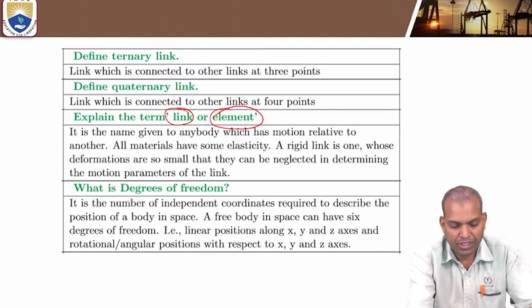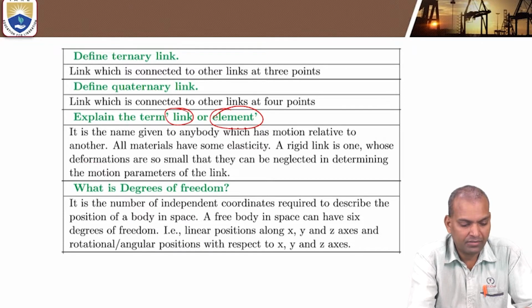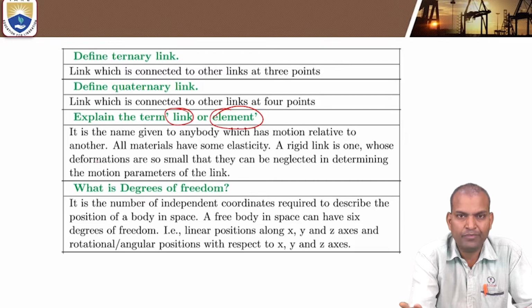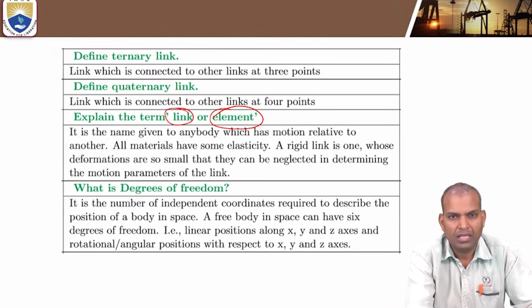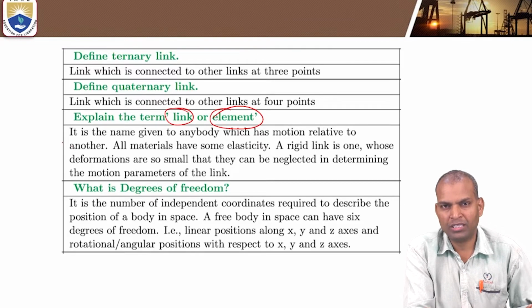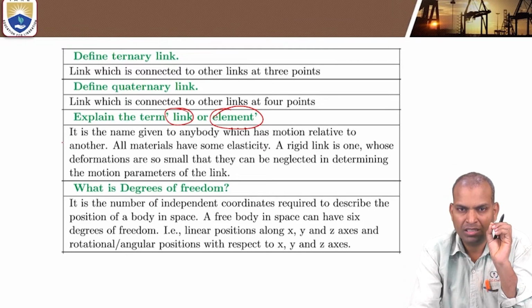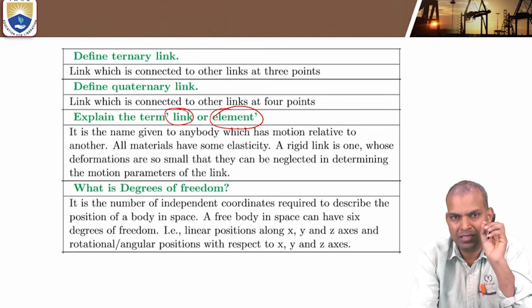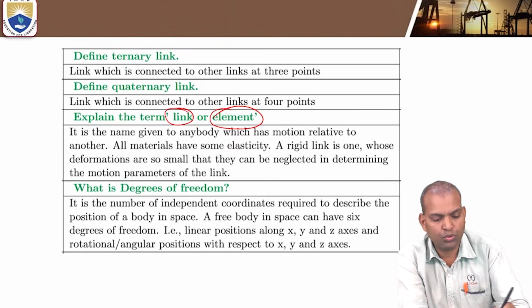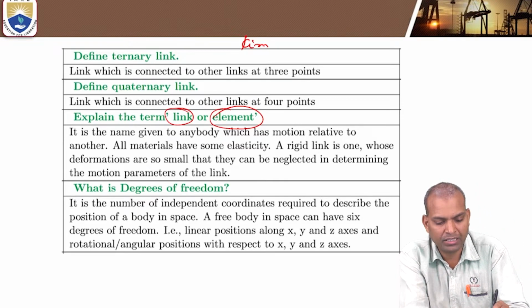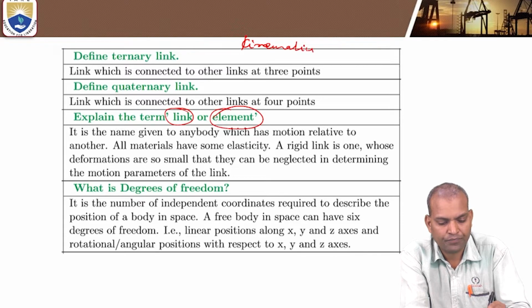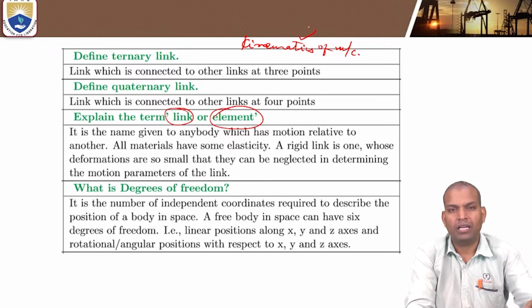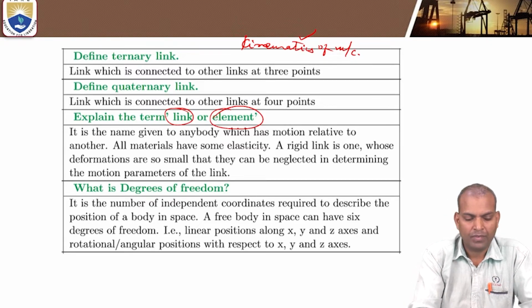So here the definition is elaborately explained. The link is any body which has motion relative to another body. Then that body is known as a link. This link or element is terminology related to kinematics of machines. Machines terminology: link, element, joints.